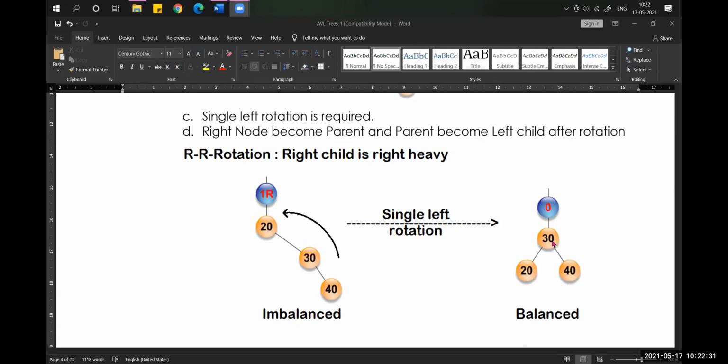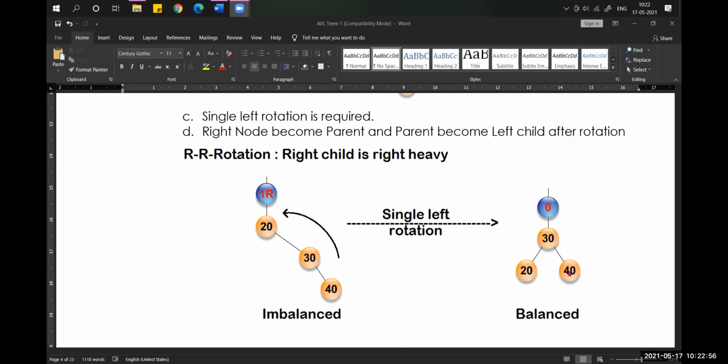So that's why 30 is the root node. Now 20 was the parent node. Now it will become the left child. Why does it become the left child? Because when 30 becomes the root node, 20 is less than 30. When it is less than the root node, where do we place it? On the left side only. Now 40 is the right child.